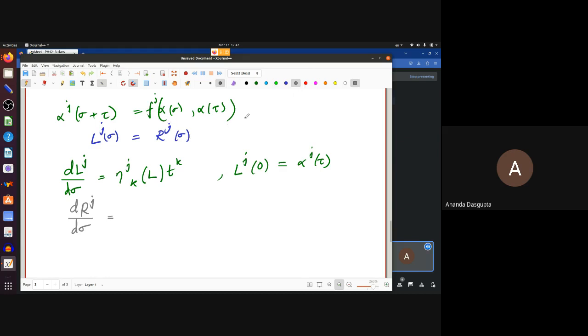It's a bit non-trivial, because basically you have to actually differentiate with respect to sigma, but this right hand side is a function of sigma only through the fact that alpha is a function of sigma and alpha of sigma is an argument of fj. So basically chain rule.